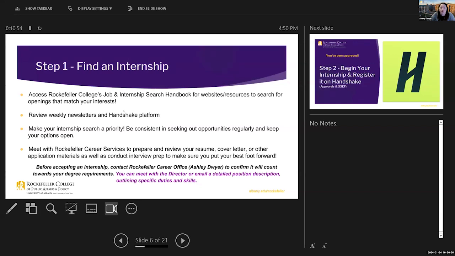On pages 3 to 5 of our job and internship handbook, which is included on our website, and I will be sharing this presentation after the fact with everyone who attended, so you will have the links to all those resources, there's a full list of general search sites, sector-specific search sites, state-related sites, and federal-related sites. So we provide several resources for you to seek out opportunities for internships.